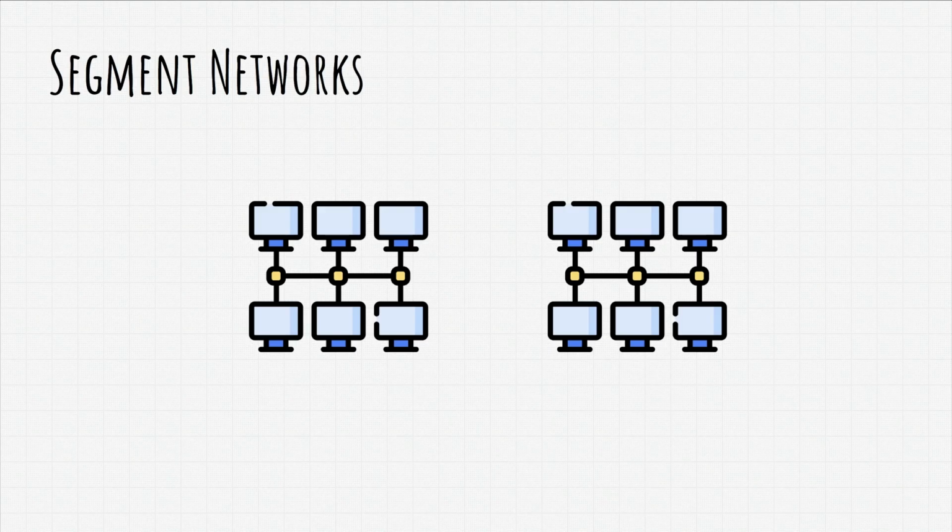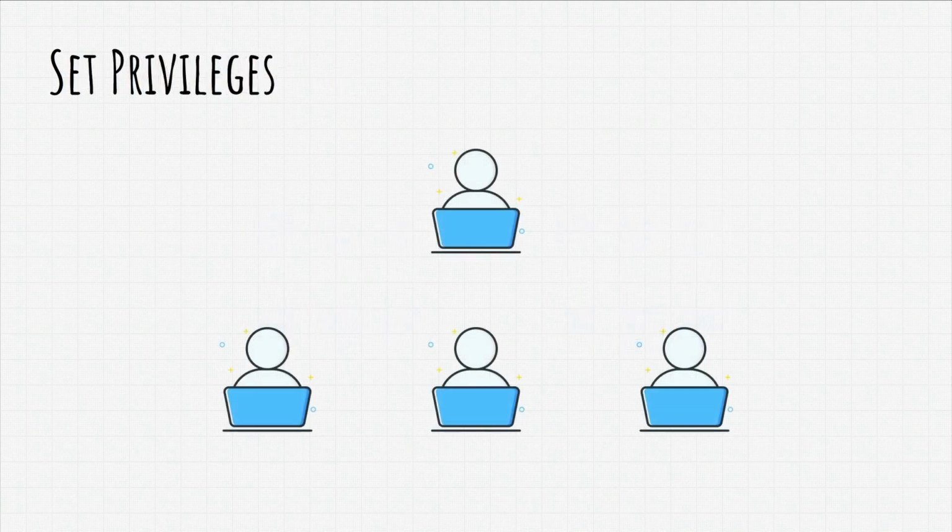Now, the next thing to keep an eye on is something we already mentioned, which is setting privileges inside the network. This refers mostly again to company networks where you want to have a network administrator and you don't want regular users trying to execute unauthorized commands or anything that is not in their privilege level.